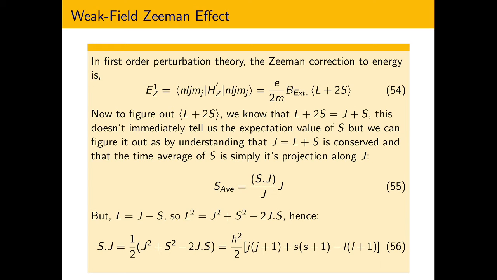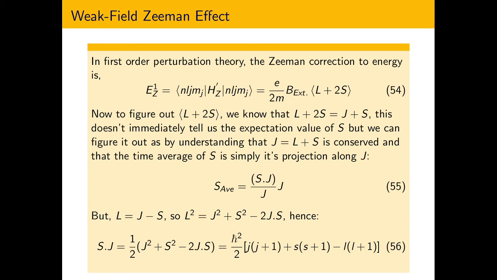We know that L plus 2S is nothing but J plus S, but this doesn't give us any information about the expectation value of S. So the way we would look at this is, first of all, in the weak field Zeeman effect, we have to think about which Casimirs matter and which Casimirs don't, just to connect to the previous lecture.